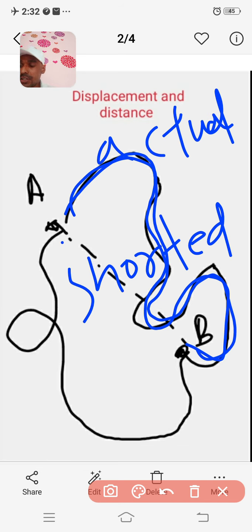I think we understand actual path and shortest path.